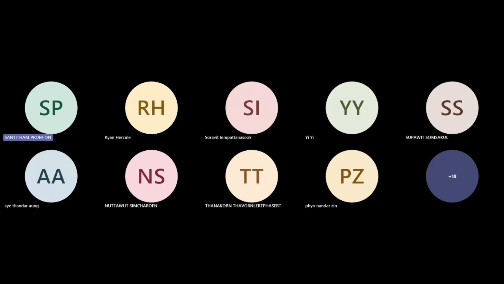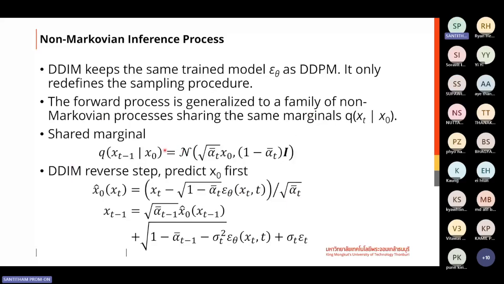As you can see, the core concept of DDIM is in this equation, the DDIM reverse step, right? That calculates x0 here. And also the next one, that is to estimate x at certain iteration.